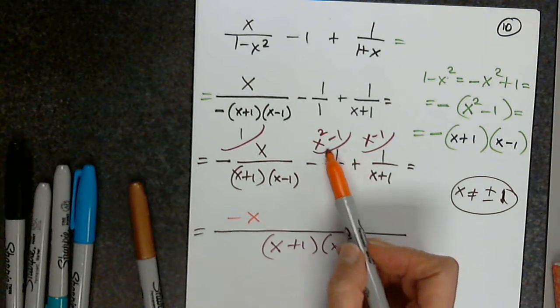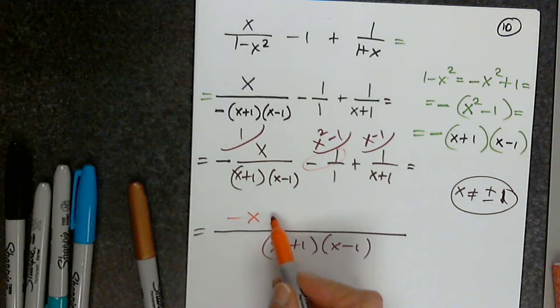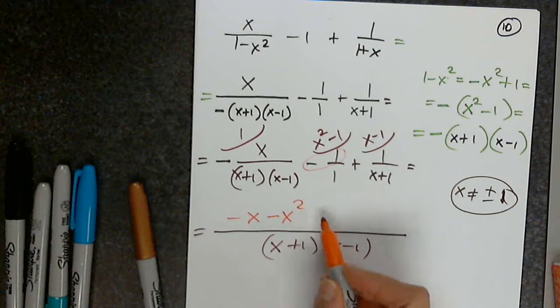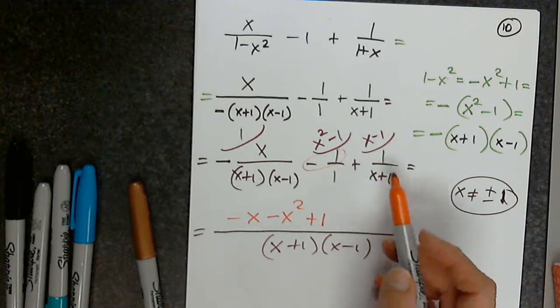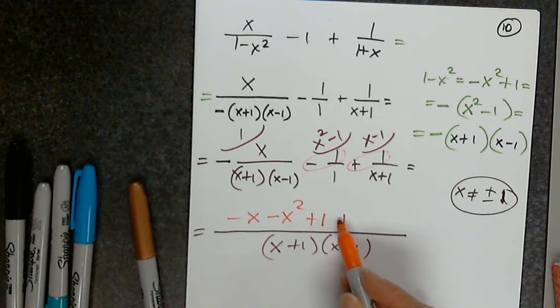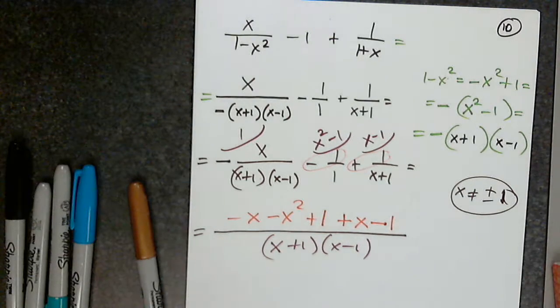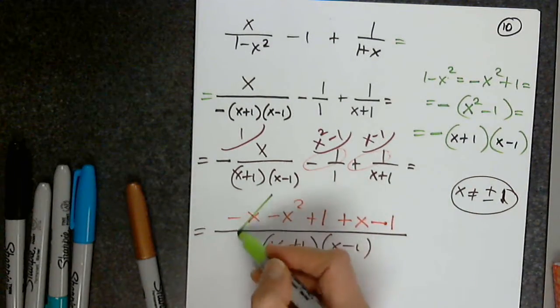Wonderful. Now I'm distributing this to these two terms. So minus x squared plus 1. Very good. Now I'm distributing positive 1 to these two: plus x minus 1. Exactly. Awesome. In descending order, and I notice one thing. Look.